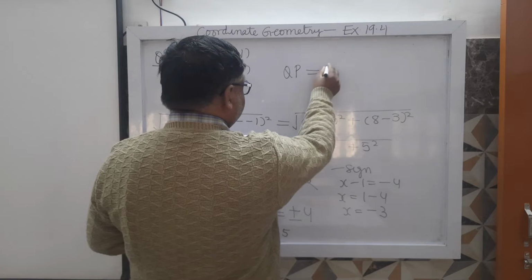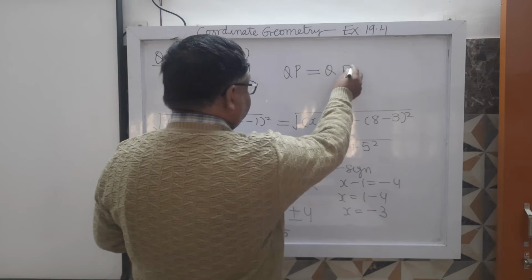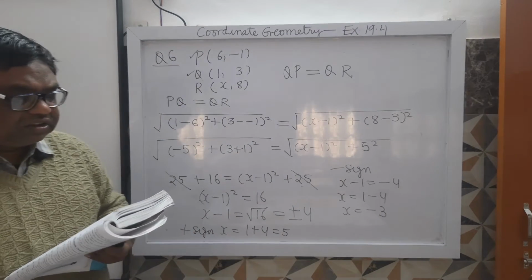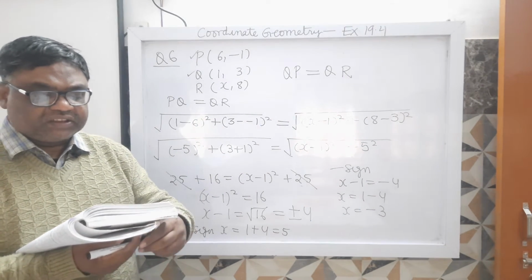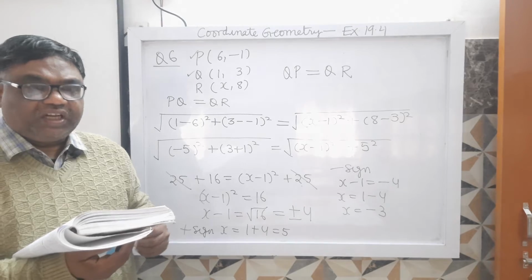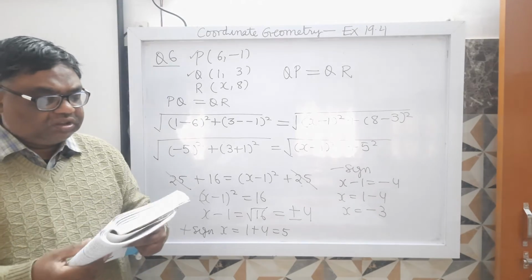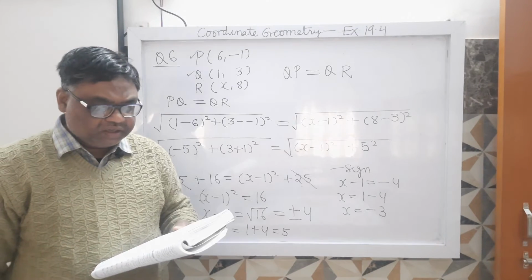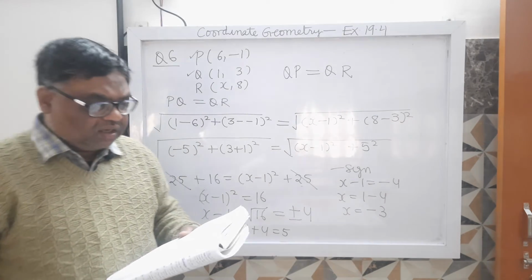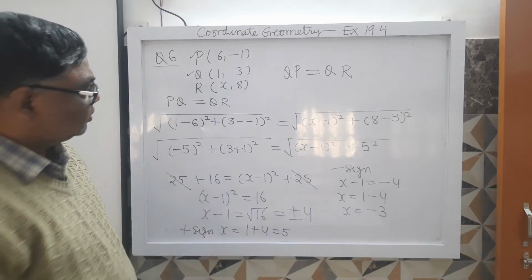QP equals QR. It is clear? So in the same way you will do, you will get an equation in x, and when you get the equation in x, that value of x will be determined. It's clear? Now question number 8.